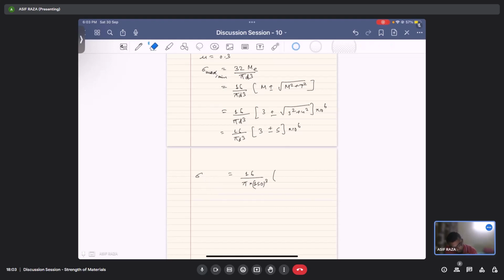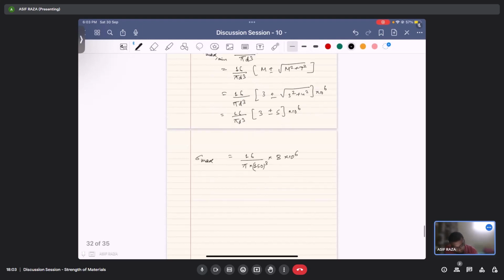So it is 8 into 10 power 6, and that is equal to 16 into 8 divided by pi divided by 150 cube.